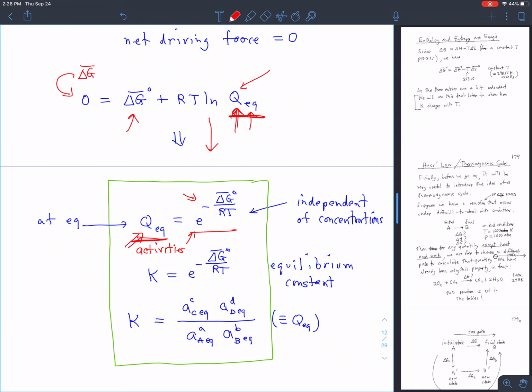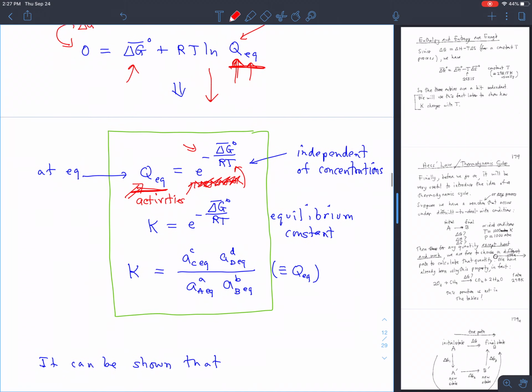And this side doesn't. It's a constant with respect to activities or concentrations. It depends on temperature, you can see. Also, in general, it depends on pressure and other things. It isn't a constant with respect to every possible variable, but it is a constant with respect to activities, and so we give it a name, we call it the equilibrium constant.